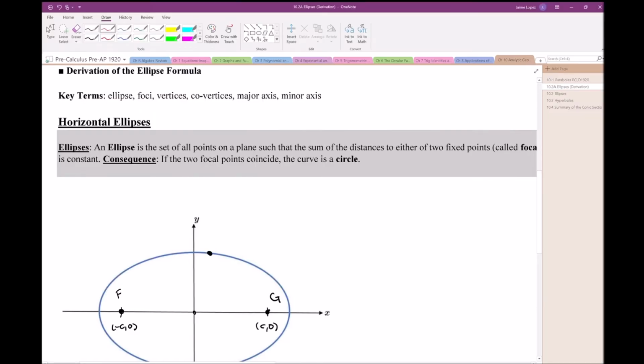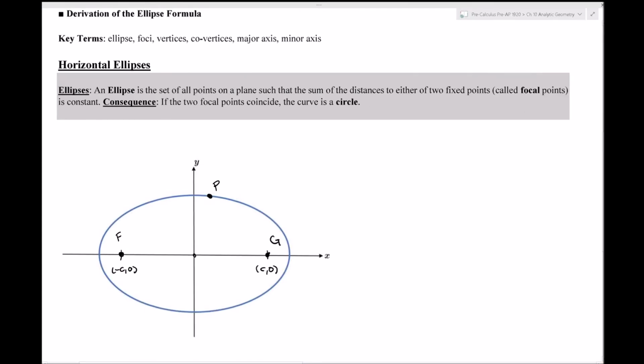So we can call that point P. I just drew a random point on the ellipse, any point on the ellipse. We're going to draw a straight line segment from that point to both of those 2 points. So there are going to be distances between those points, which correspond to the lengths of those segments, FP and GP.